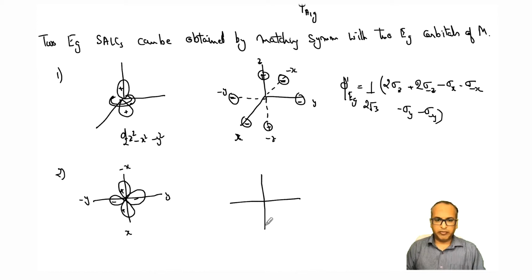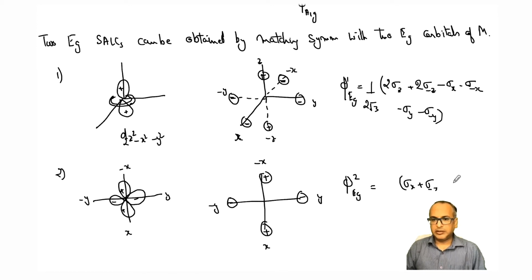So you have plus x, minus x, plus, minus, minus, right? So this is y, minus y. So I can say phi EG second will be sigma x plus sigma minus x minus sigma y minus sigma minus y, and this will be 1 by 2, right?